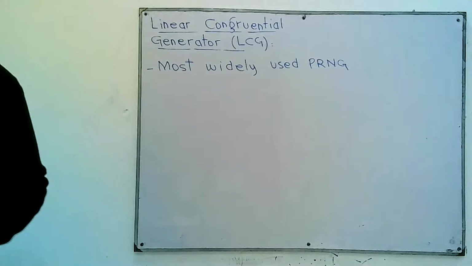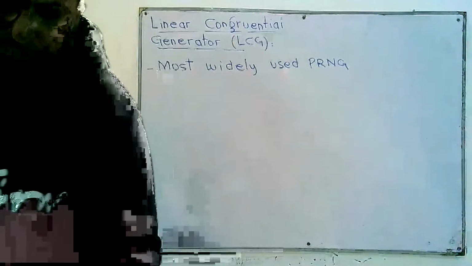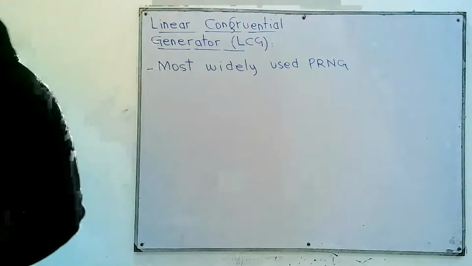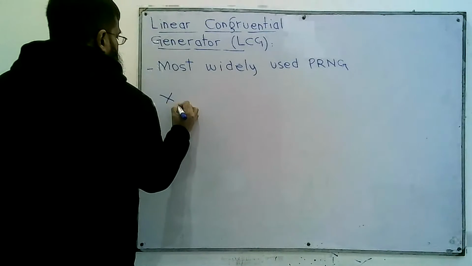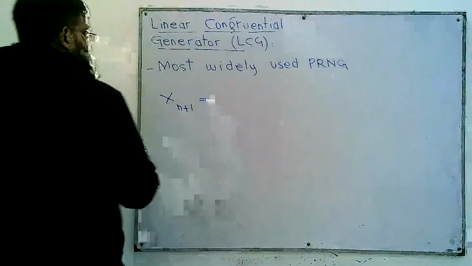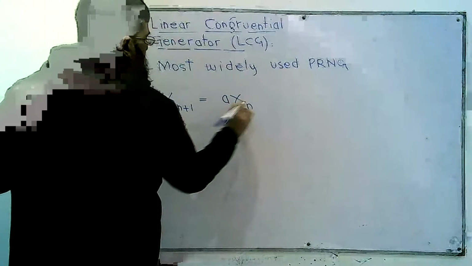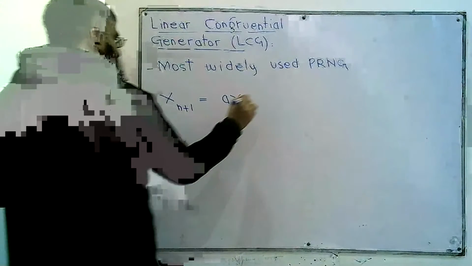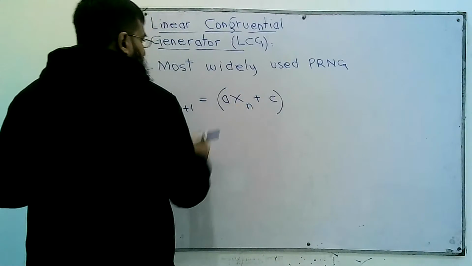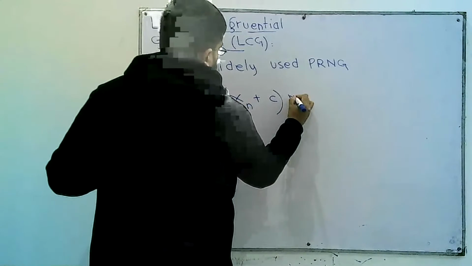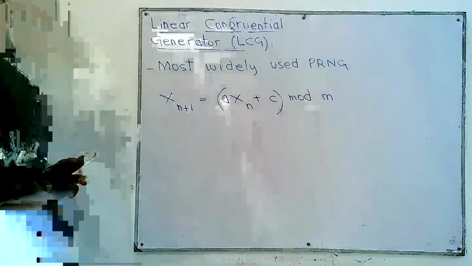Of course, it also starts with a seed, and starting with a seed, the next number at n plus 1th step is obtained by multiplying the number at nth step with a constant a, adding another constant c in it, and mod m. Mod m का मतलब क्या है? Mod m मतलब remainder m.